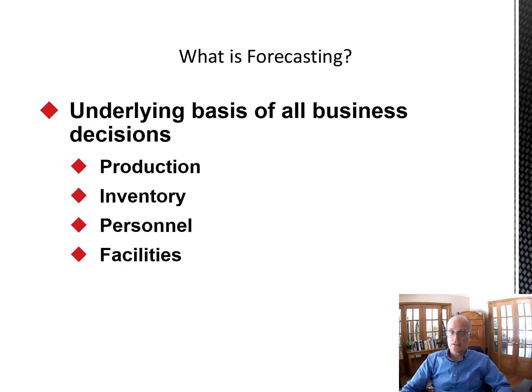And really it underlies, as I've said already, the basis of all the business decisions: production, inventory, personnel, facilities investments. All of those things are based on a foundation of our expectation of what's going to happen. And so that's why forecasting is so important. Companies value forecasting highly.